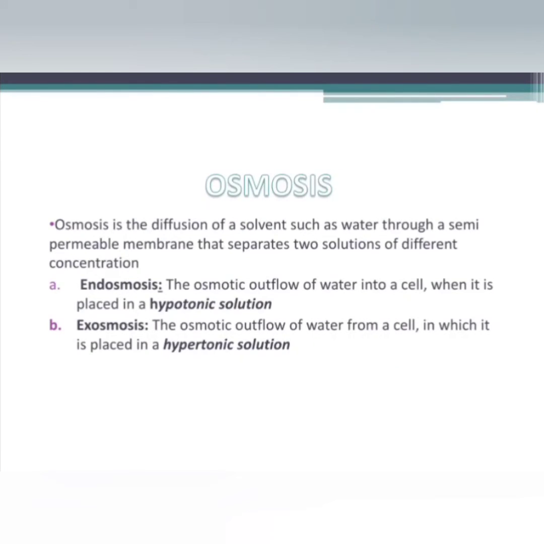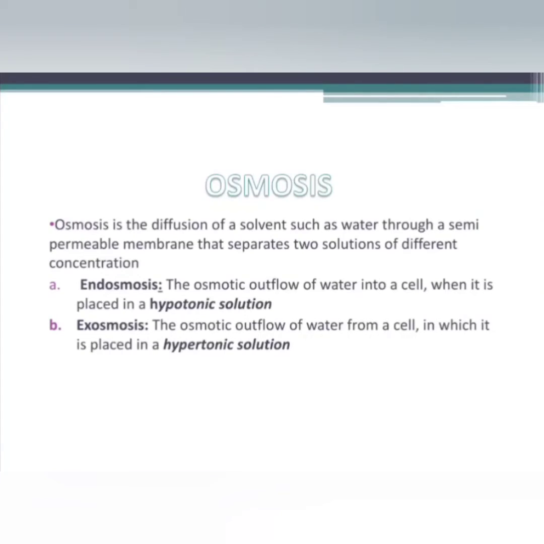Osmosis is the diffusion of a solvent such as water through a semi-permeable membrane that separates two solutions of different concentration. This means there is a different concentration of molecules outside the cell membrane and inside the cell membrane. So it creates an environment of hypotonic and hypertonic.